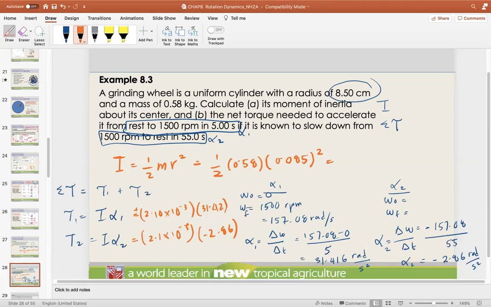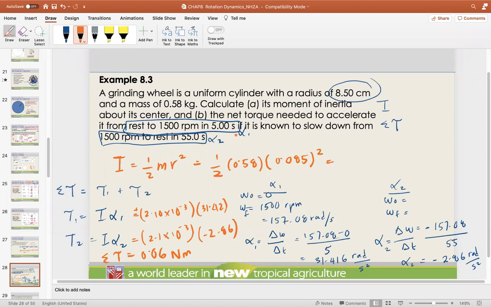So this I times 31.42 minus 2.86. What's the net torque? 0.06, and the unit is Newton meter. So the net torque for these two situations is 0.06 Newton meter.